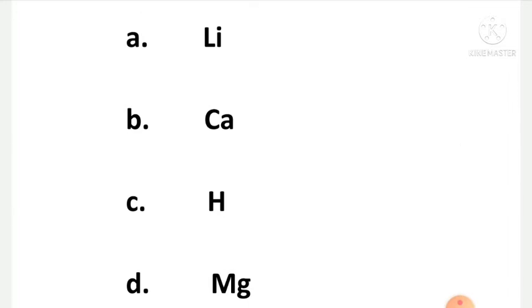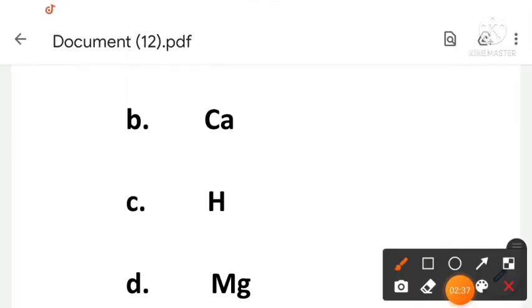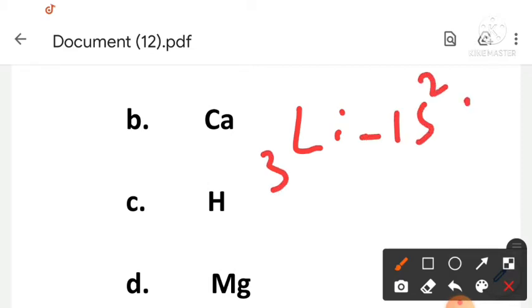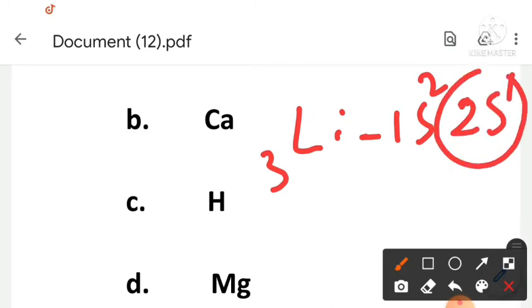Now you see, we know that Z of lithium is 3, 1s2, 2s1. So it has 1 valence electron. So lithium is a metal.